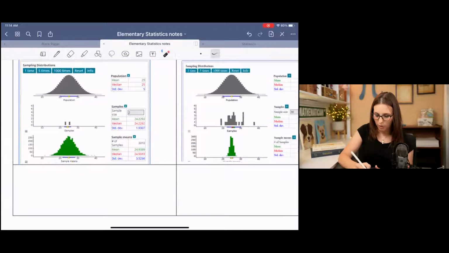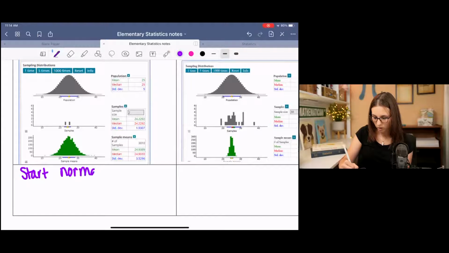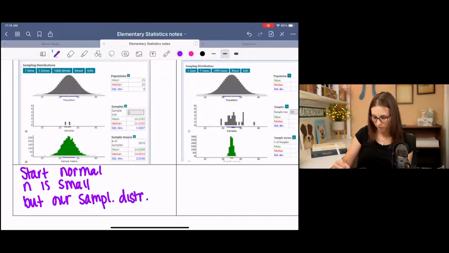So in both these cases, let's summarize what's happened. We start normal. N is small, but our sampling distribution, I'm going to abbreviate here to save time, is still normal.